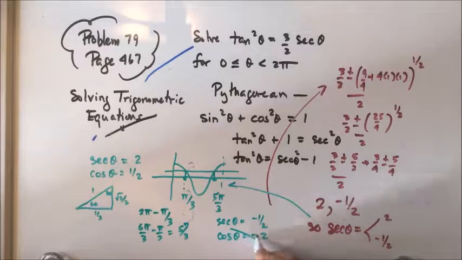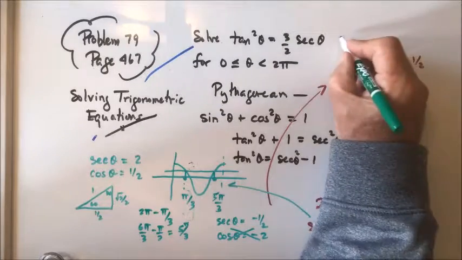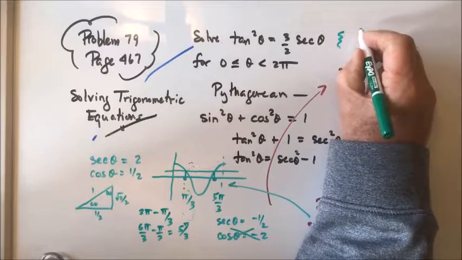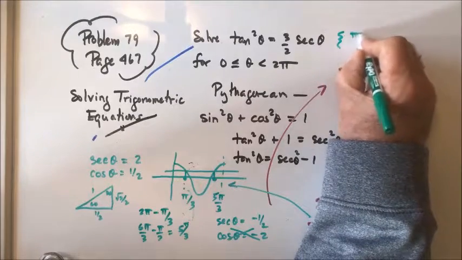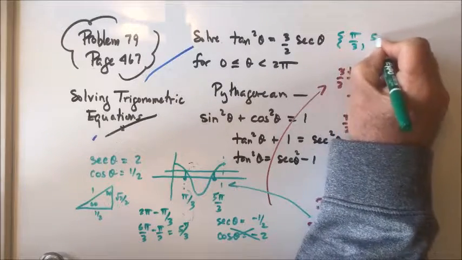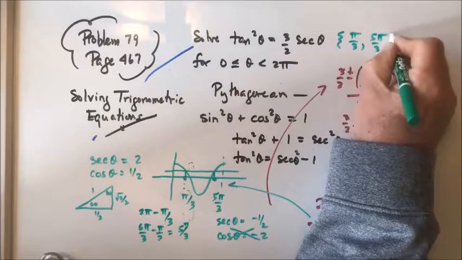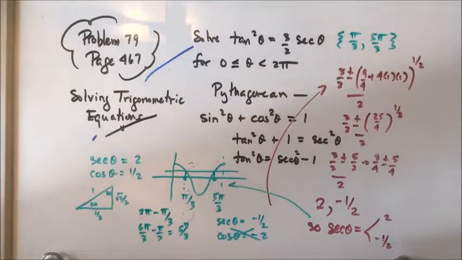And we can stop right there because -2 is not in the range of the cosine. There is no theta that produces that. So at the end of the day, we've got two answers. They are pi over 3 and 5 pi over 3. Yep, so there you go.